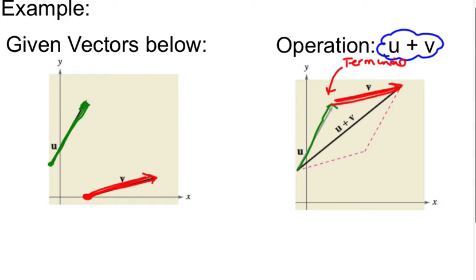So now I've added these two vectors together. Now if I change colors to blue, that is my new resultant vector, going straight across from my initial to that finishing point. That's how you can add two vectors together.